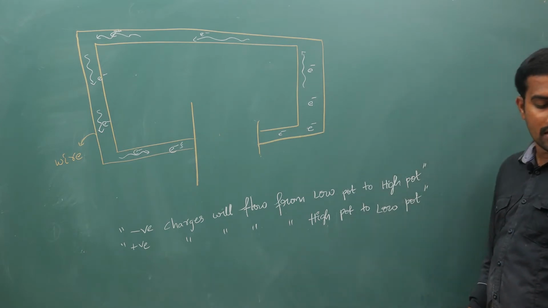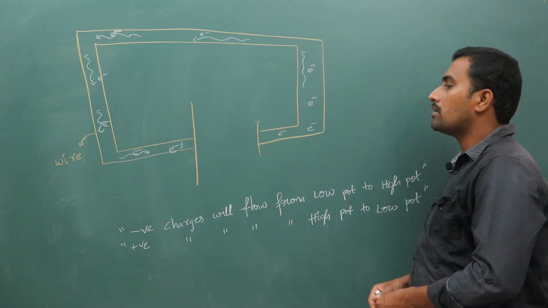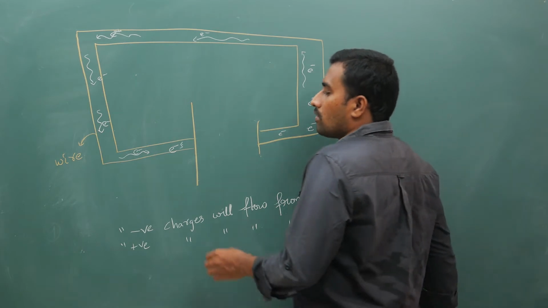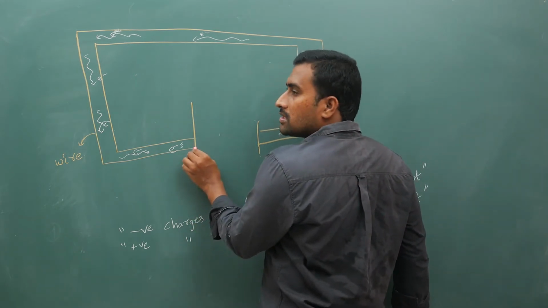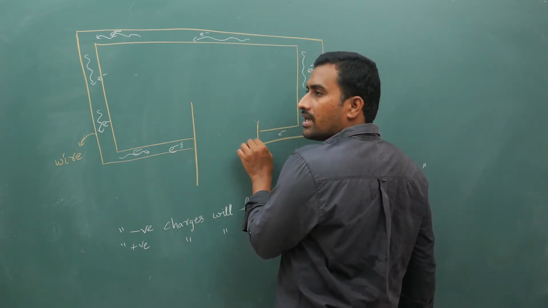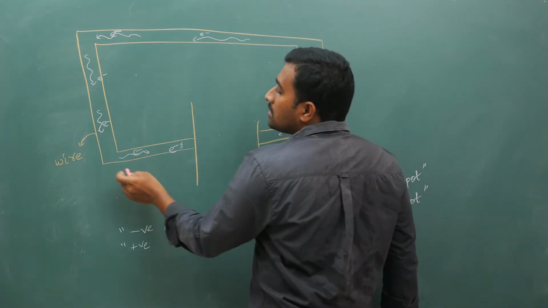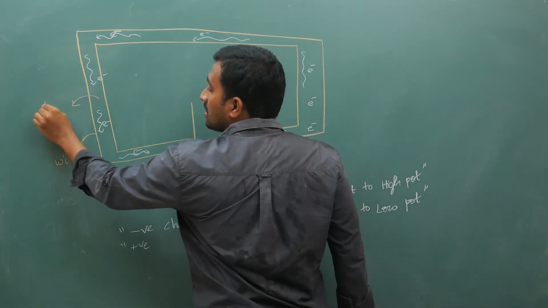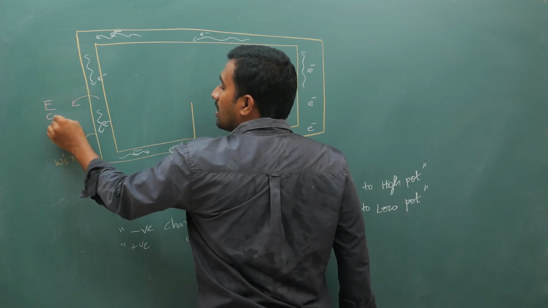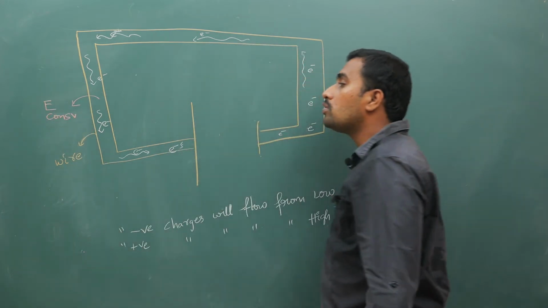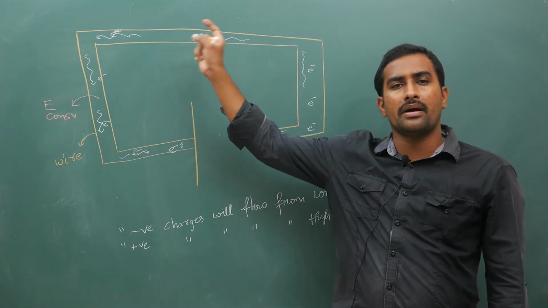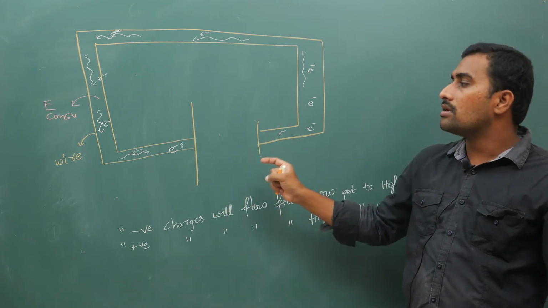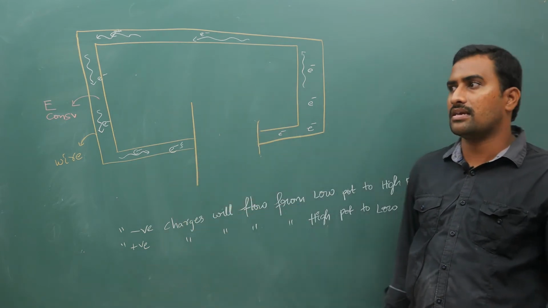Now the important point that I want you to understand is that from this positive terminal end to this negative terminal end, the electric field here is a conservative electric field. Outside the terminals of the battery, in a wire, you will have a conservative electric field.